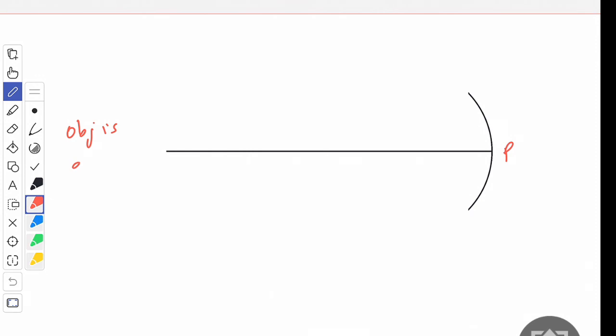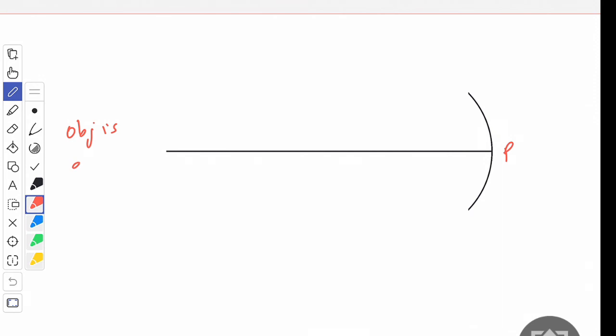Why is that? Because at this particular point, if I draw a tangent, it will be something like this, and so the normal is going to be something like this. Which means the ray will get reflected such that it will come something like this.